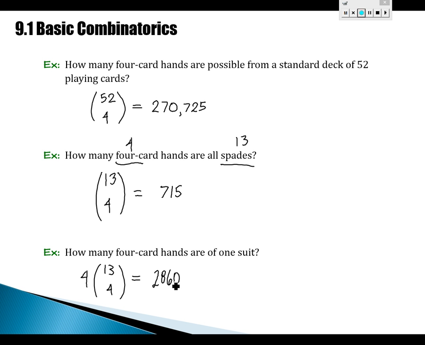You have 715 4-card hands you can make from that. So you have a tree that goes 4, and then 715, and every route through that tree represents one of our 4-card hands of one suit. And that tree is easy to count. You just do 4 times 715. Can you picture it? I'd rather not draw it.